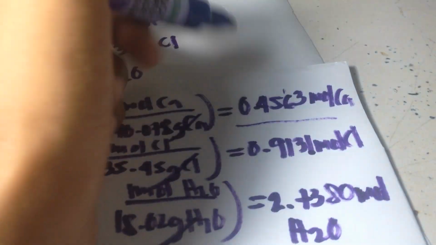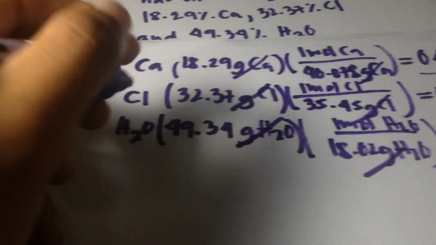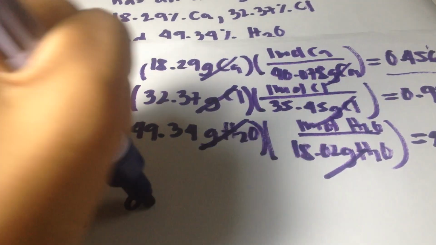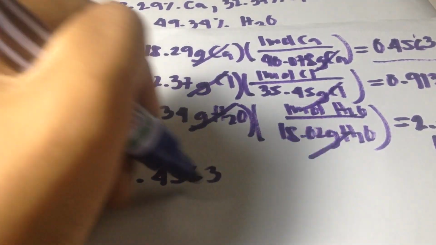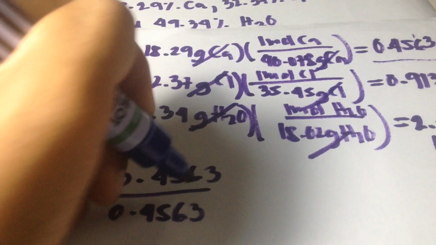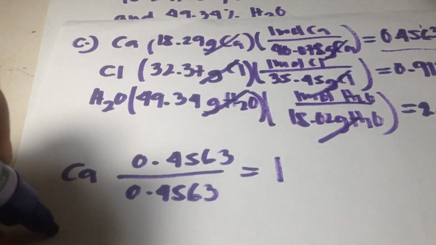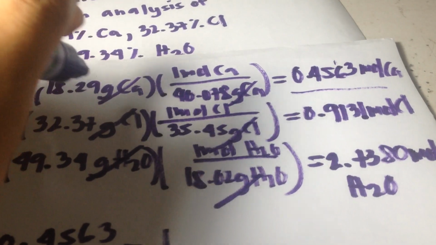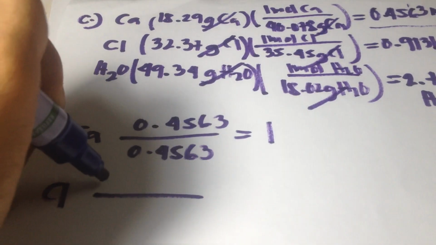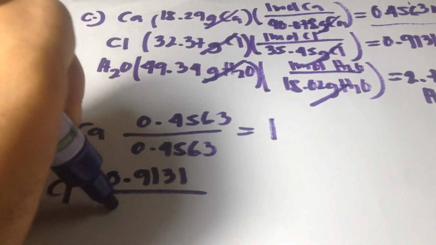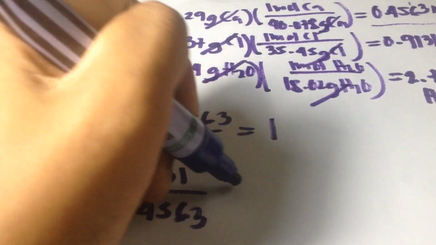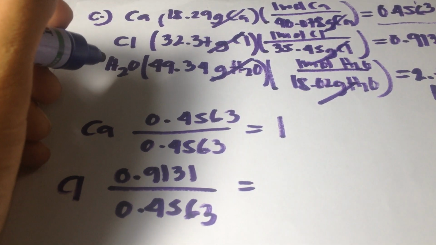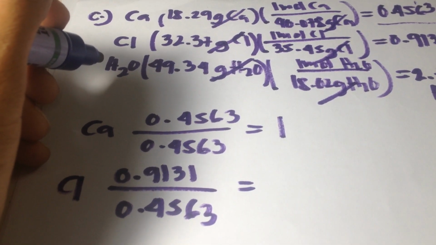The lowest moles is calcium. So let's divide by itself. So in calcium, they have 0.4563 divided by 0.4563, which is equal to 1. And how about in chlorine? In chlorine, we have 0.9131. So 0.9131 divided by 0.4563 is equal to 2.01.